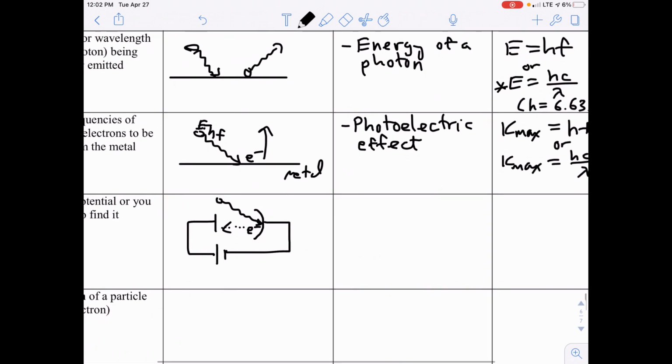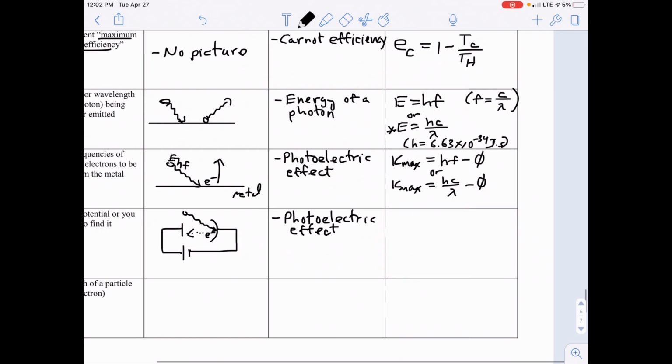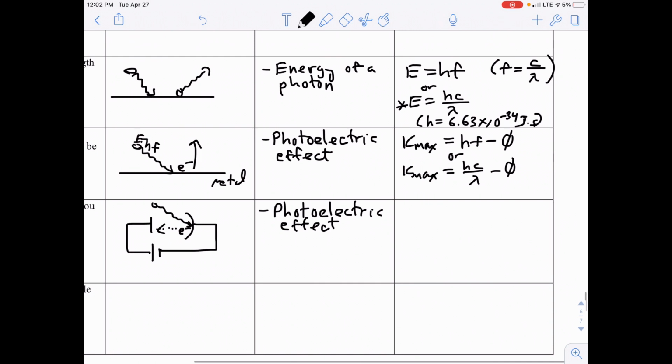The concept is still the photoelectric effect, so you're still using photoelectric effect equations. But there's also another equation that would come to mind. So yes, K max is equal to hf minus the work function, but K max is also equal to the electron charge times the stopping voltage itself.